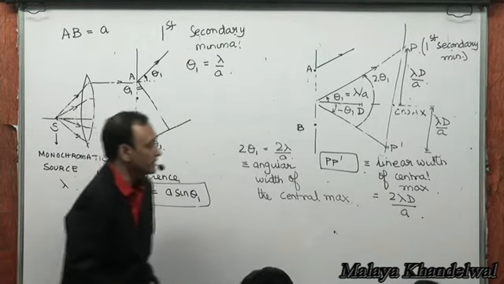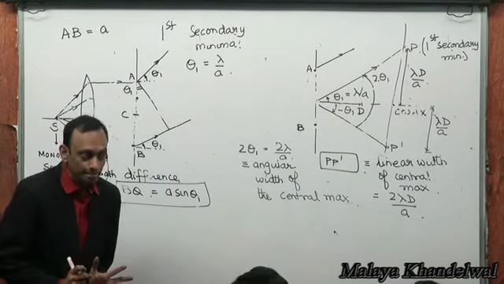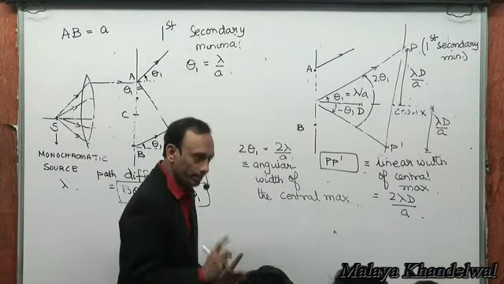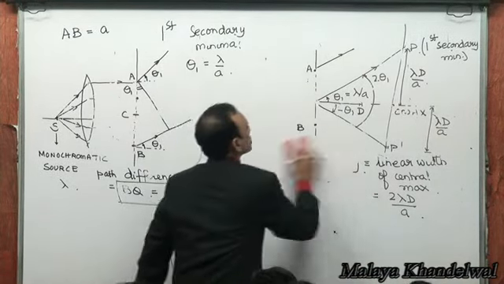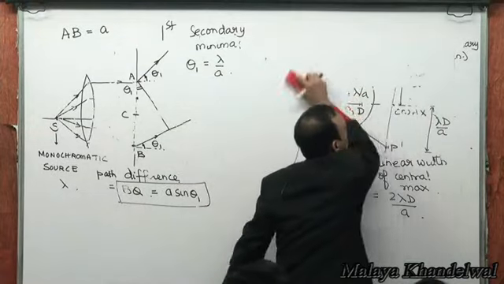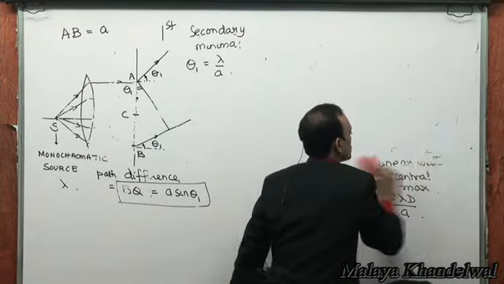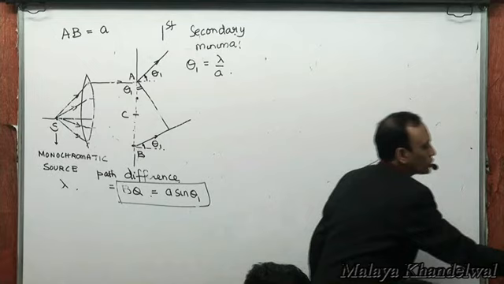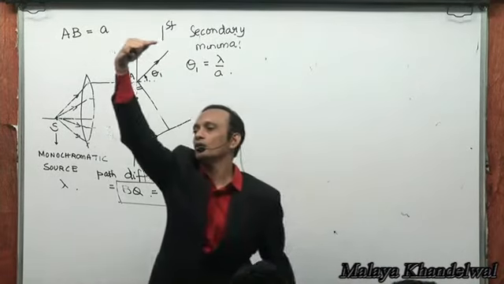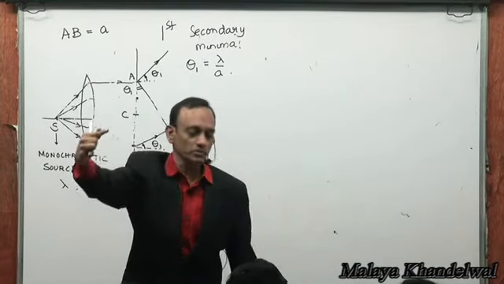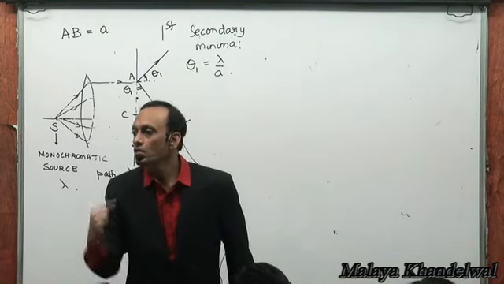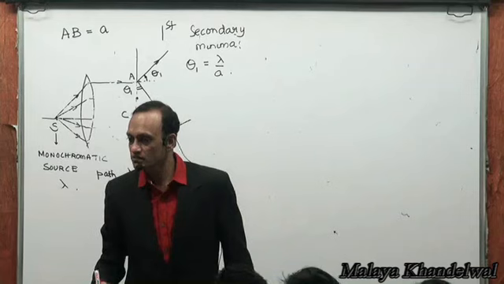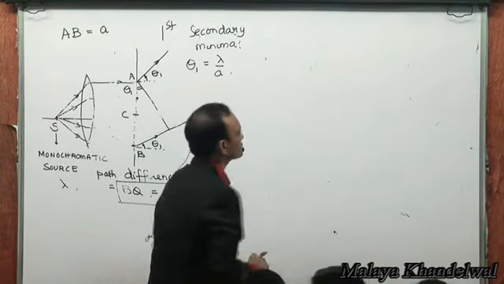So far so good, right? There is a first order secondary minima above the central maximum and a first order secondary minima below the central maximum, symmetrically located.